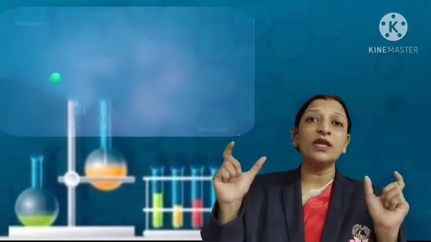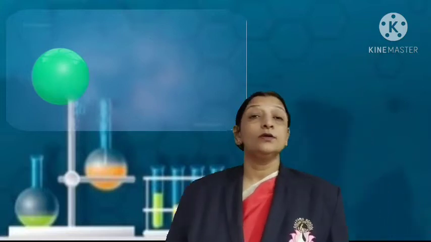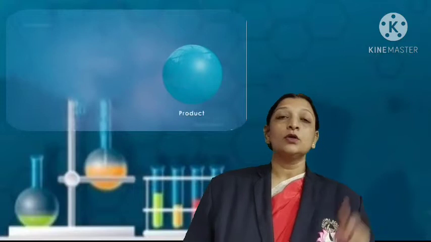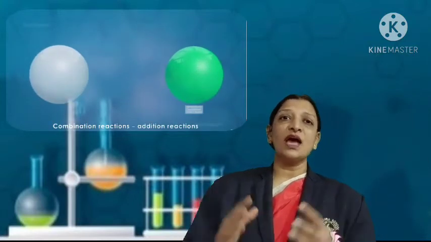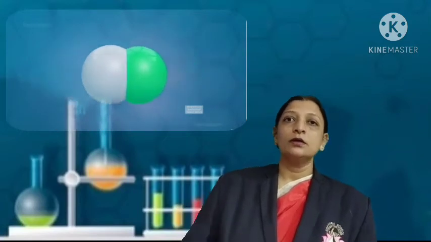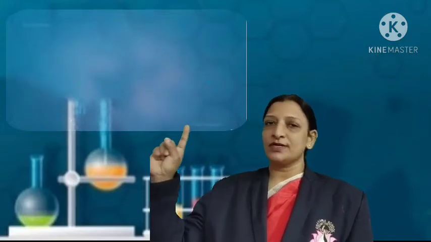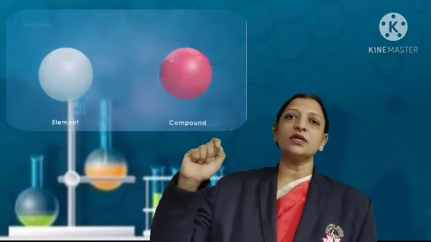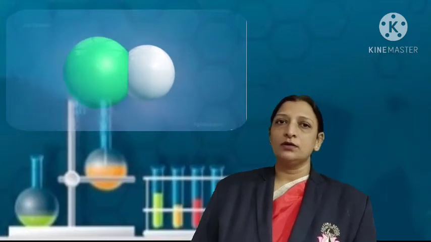The name combination may explain what it is. So dear friends, combination reaction means 2 or more substances react together, and the chemical reaction between these substances gives a single product. Then the reaction is said to be a combination reaction. Let us take it in general.